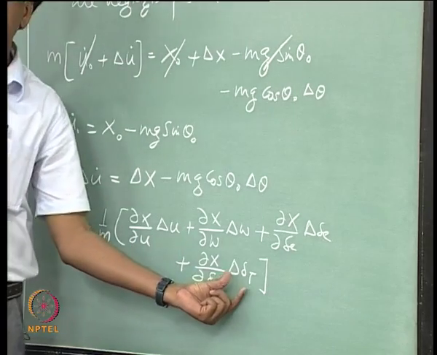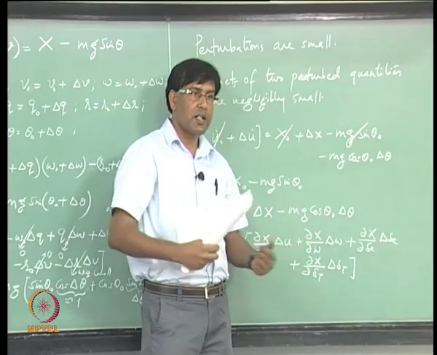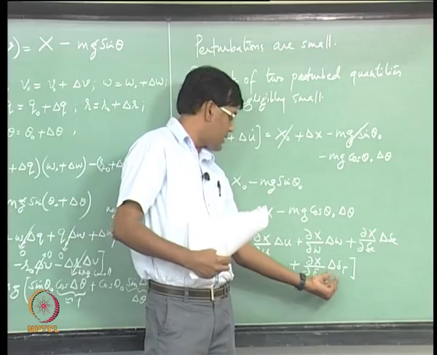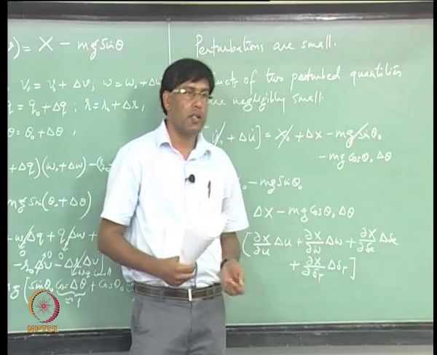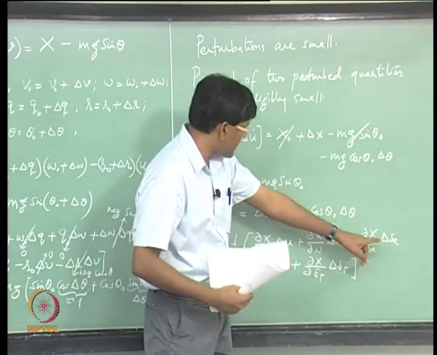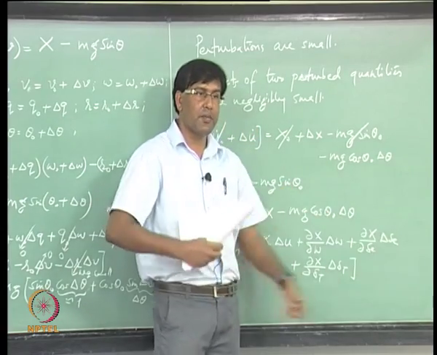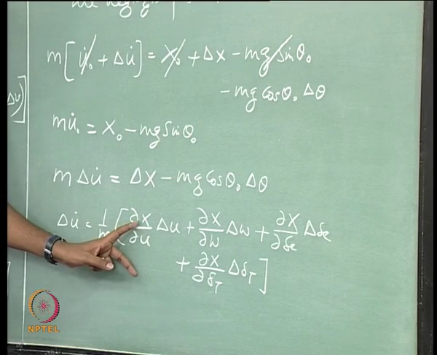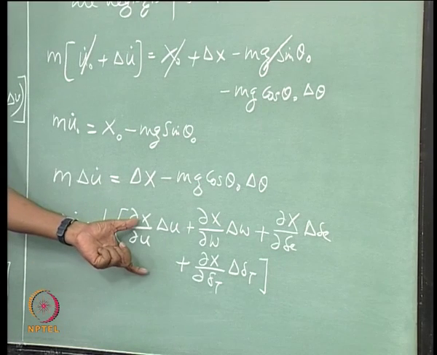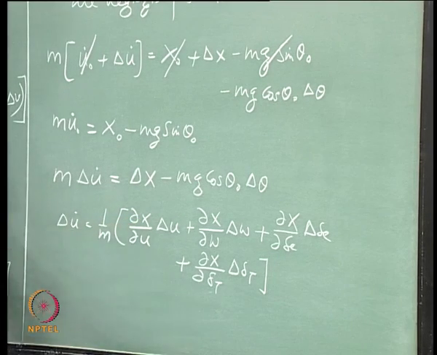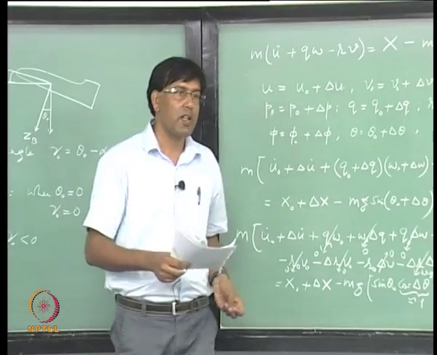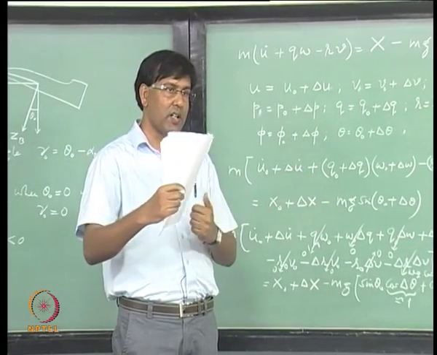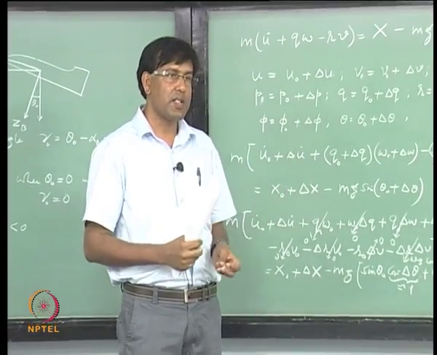So, these are perturbations in control inputs from the reference condition. This is the perturbation in the throttle from the reference flying condition, perturbation in the elevator from the reference condition, and these derivatives have to be evaluated at the equilibrium flying condition. Dou x by dou v, that is what I told you. We are looking at pre stall flight where x will not depend upon the side velocity.